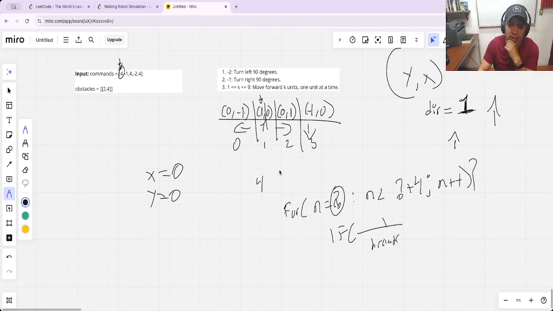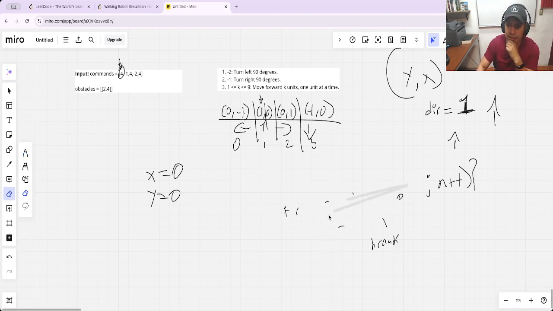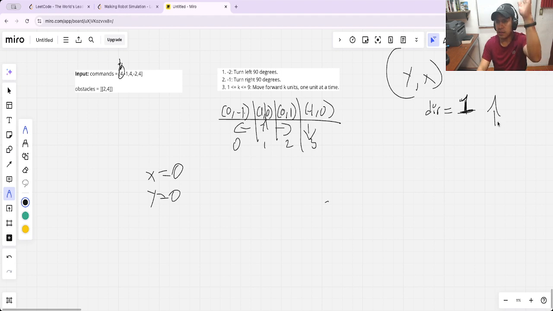But I don't know how to take, in this case, we start in this direction, north, and we know the number of steps. How do we know that x should be increased, or decreased?